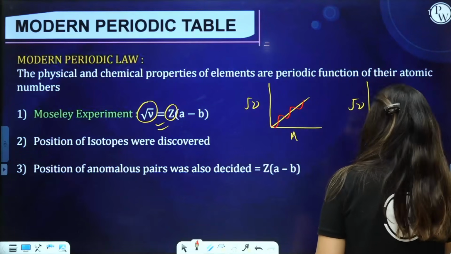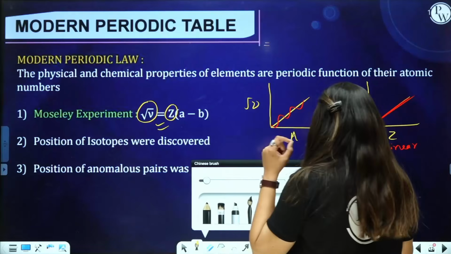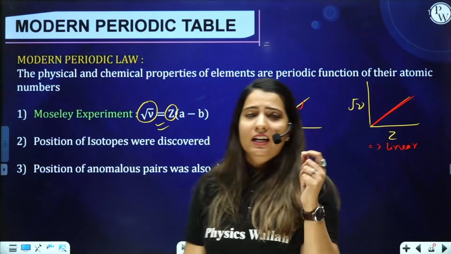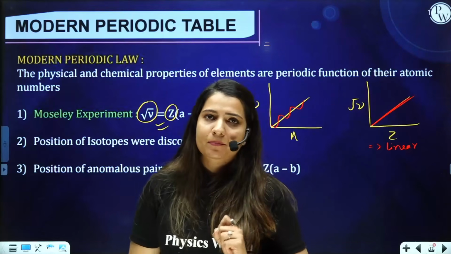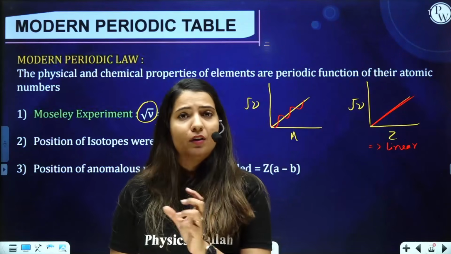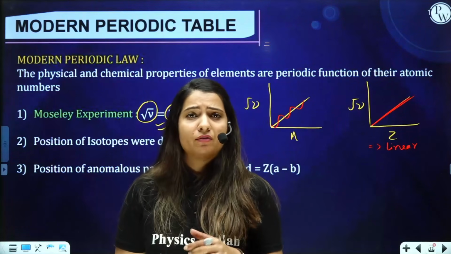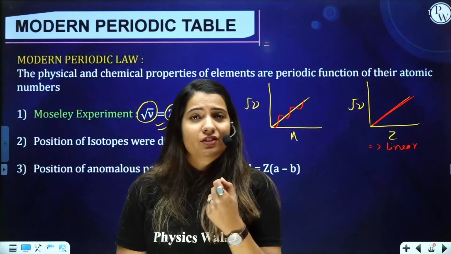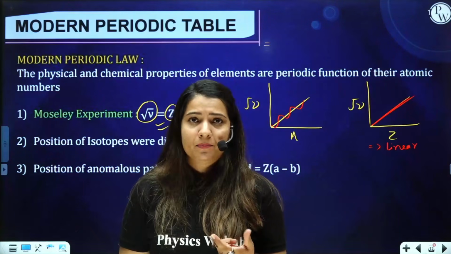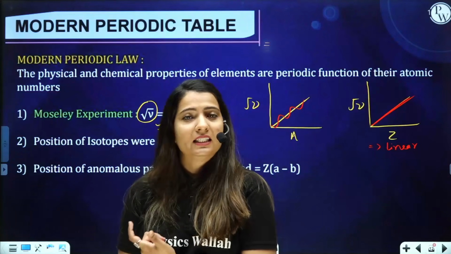At that point the significance of the linear graph clicked in his mind, and he called Mendeleev and said, brother, whatever work you have done is very good. You have done 90% of the work. Just make a little difference. Change your basis: the increasing atomic mass is incorrect.